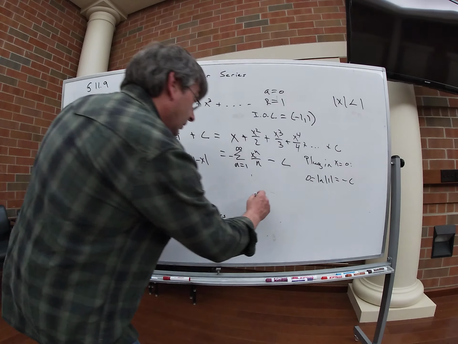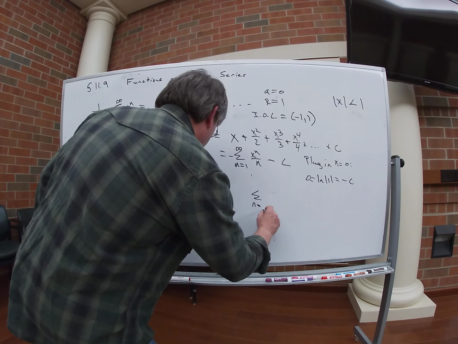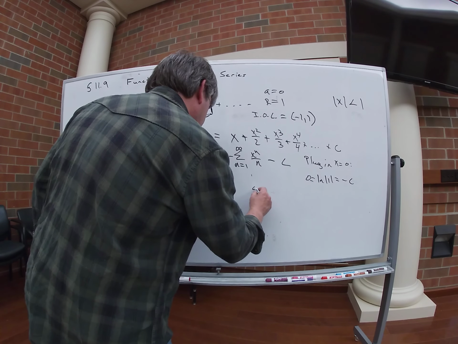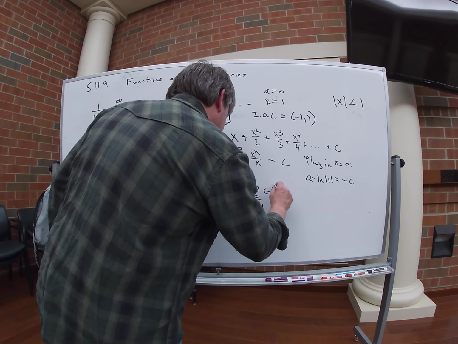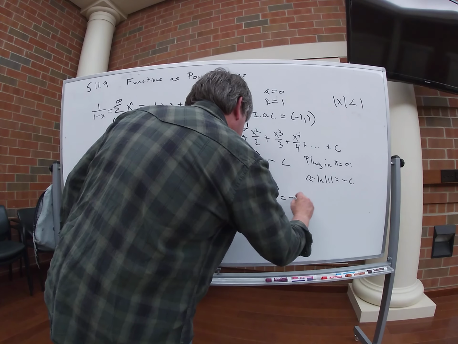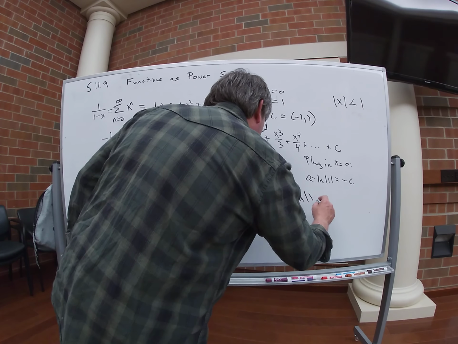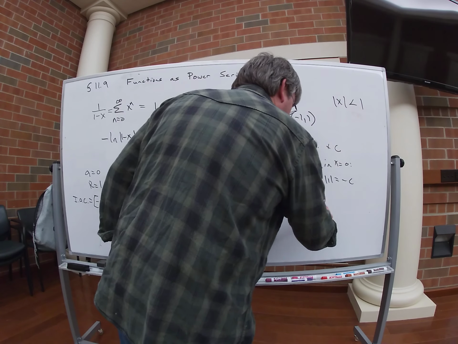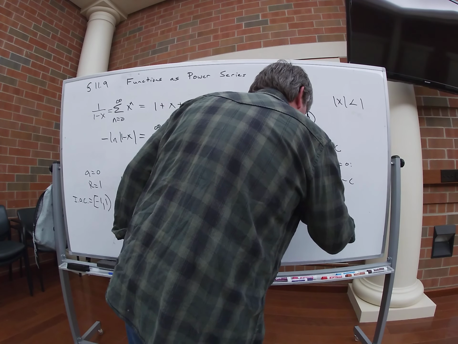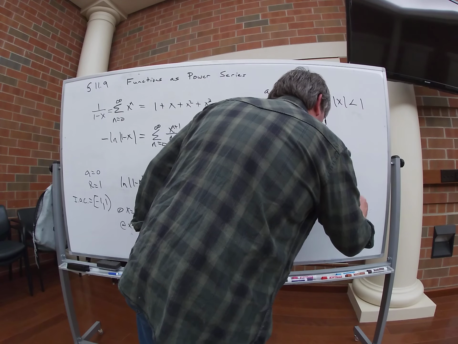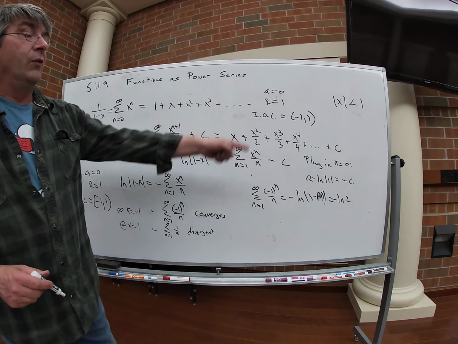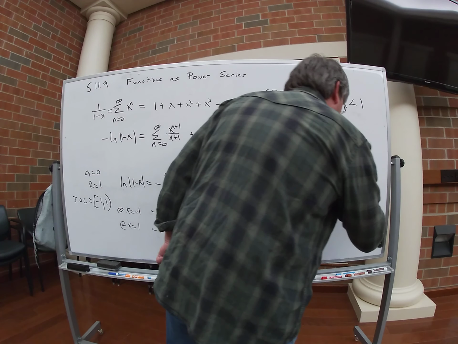The sum n equal 1 to infinity of negative 1 to the n over n is negative log absolute value of 1 minus x, or 1 minus negative 1, which is negative natural log of 2. Or move the negative in as a power, that's the log of 1/2.